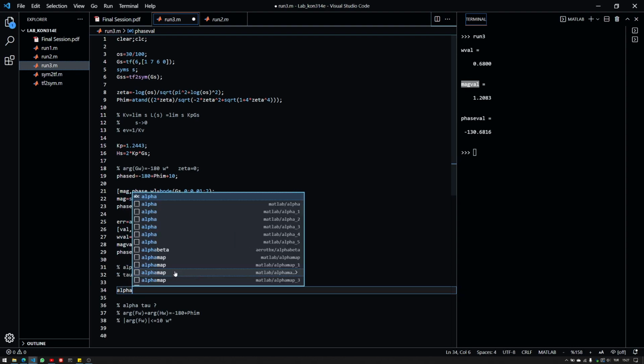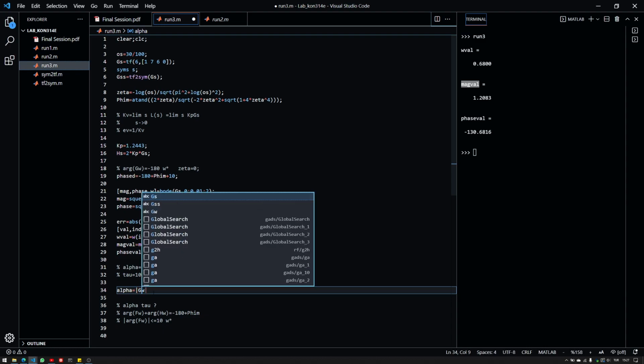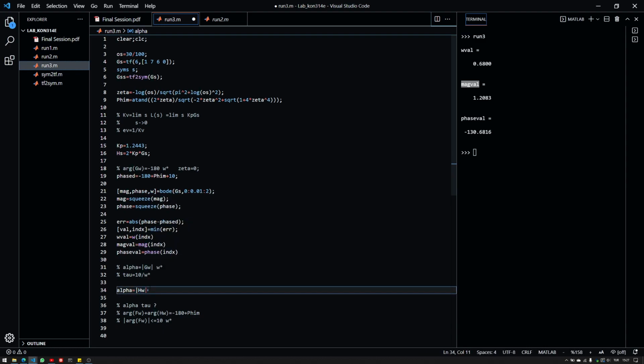Now, in order to have alpha, I will have this, but the actual value that I should have is the magnitude of H omega. And there is a static relation, so I could directly substitute this one here. So instead of calculating H omega's magnitude, I can calculate 2 times Kp times the value that I've read on the Bode plot.